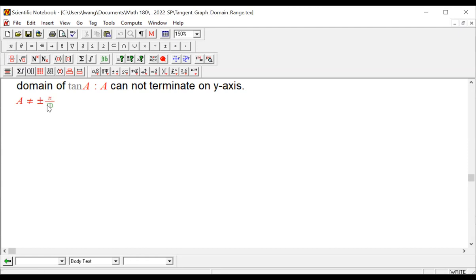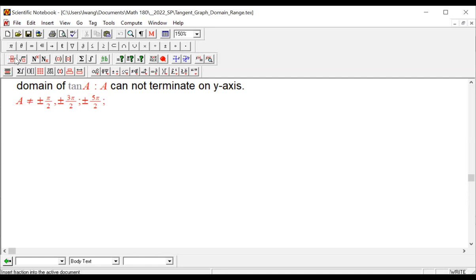Okay, it cannot be positive or negative 3 pi over 2. Okay, it cannot be positive or negative 5 pi over 2. We can keep going.